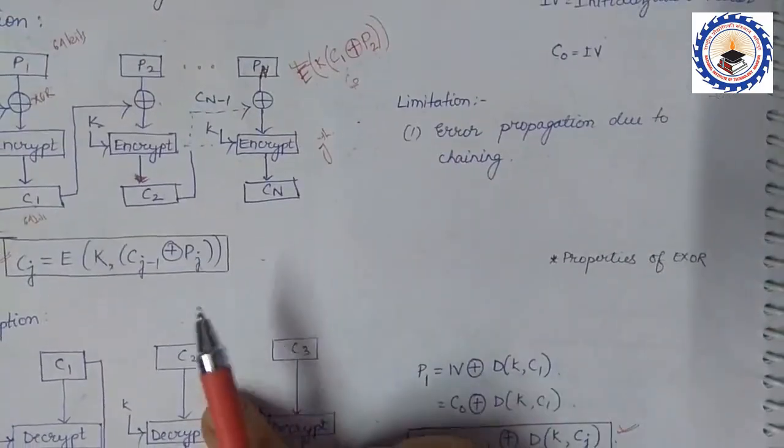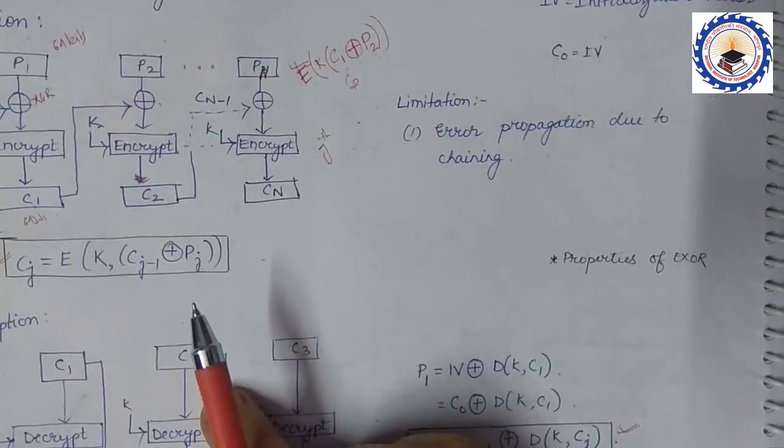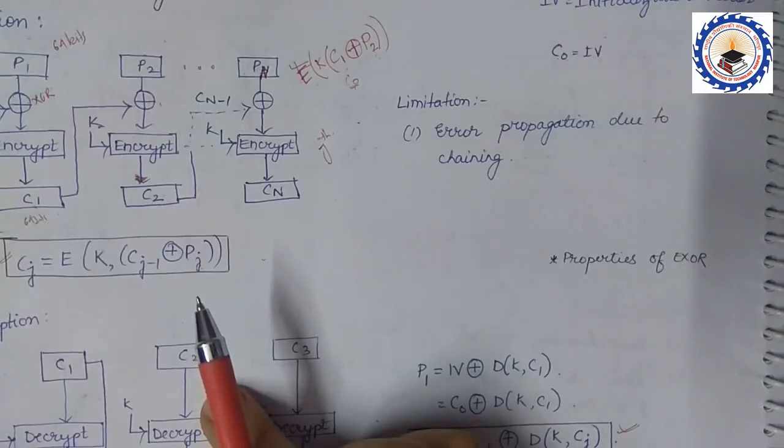So what is one of the limitations here? Why are we going for this CBC mode? If you look at the electronic code book, there is a redundancy of the ciphertext. The ciphertext patterns can be the same when the plain text blocks are similar.